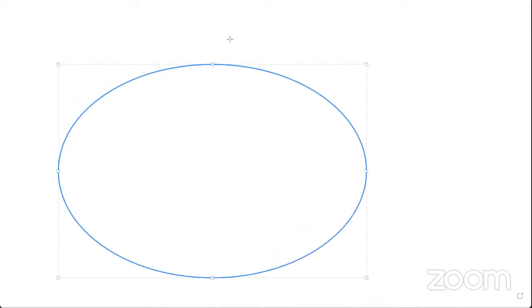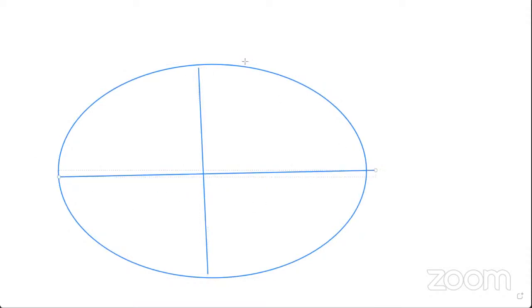We can create 4 quadrants here, and according to this, we can name this the first quadrant, this the second quadrant, this the third quadrant, and this the fourth quadrant.